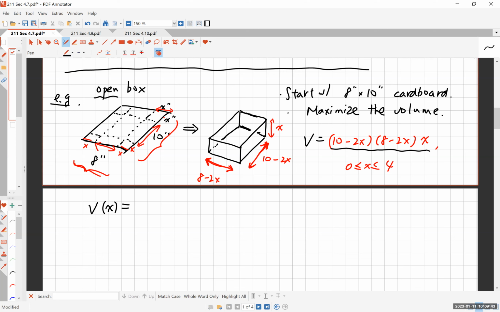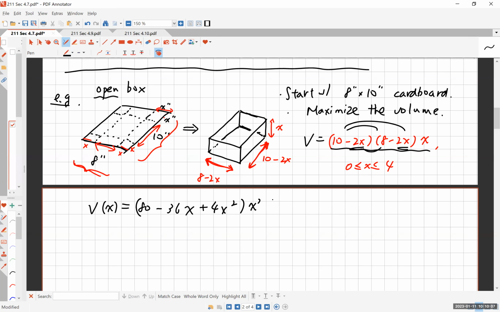All right, now I only have X, so I don't really have to rewrite this. I don't have to write Y in terms of X or anything. But because it is a product of three things, let's just go ahead and multiply. So you have 80, that's this, minus 20x minus 16x, that's minus 36x. And then you have plus 2x times 2x, that's 4x squared.